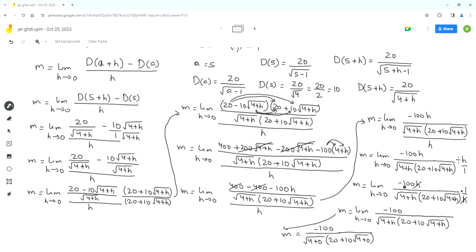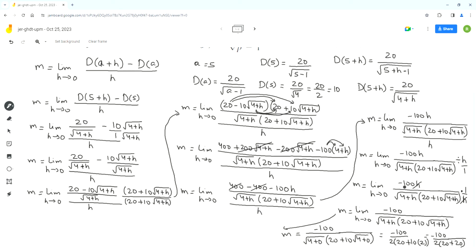Now square root of 4 plus 0, so 4 plus 0 is 4 and square root of 4 is 2. So we get negative 100 over 2 times 20 plus 10 times 2. So then we get negative 100 over 2 times 20 plus 20.